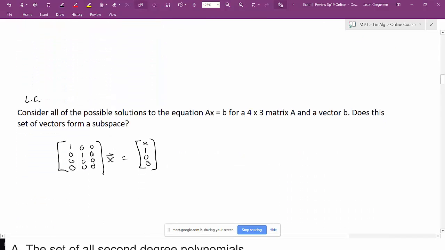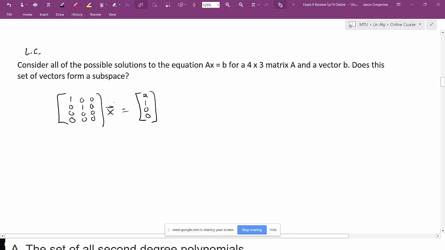All right, so now let's look at this example. Consider all the possible solutions to the equation Ax = b for some matrix. As an example, I have a matrix equation here where Ax equals some specific b vector. If I think of all the solutions to any general Ax = b, do the solutions form a vector space, a subspace?